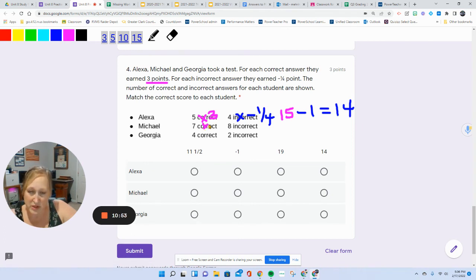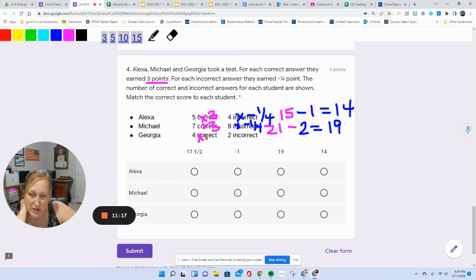7 times 3 is 21. Minus, well, 8 times -1/4. Remember, 1/4 just means divided by. So 8 divided by 4 is 2. So it'll be -2. So Michael got 19. We'll try our last person. Georgia got 4 correct.